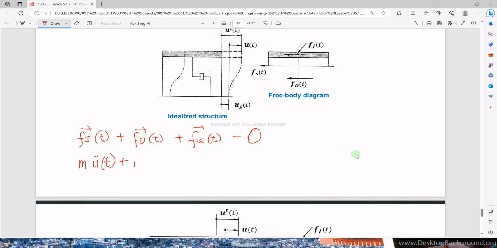And then we also have another mass times the ground acceleration plus the damping force or the coefficient of damping c times u dot of t plus elastic restoring force, the lateral stiffness k times u of t is equal to a null vector.